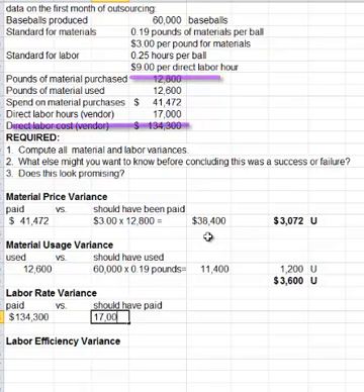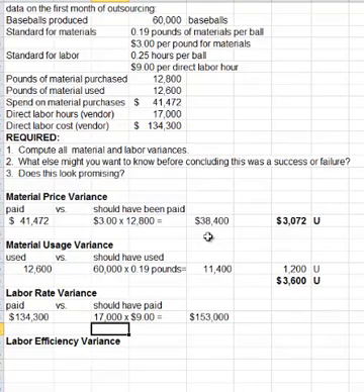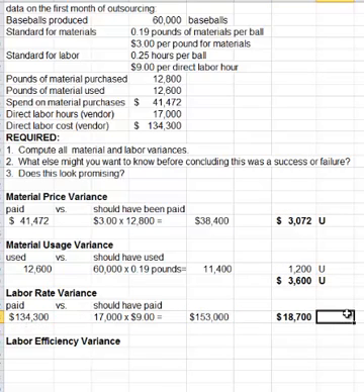Okay, 17,000 hours. We should have paid $9 each. Just let Excel do the math. Okay, so now we can tell without doing any math that's favorable because we paid less than standard. And so we'll just take the absolute value of those two and we will make that favorable.